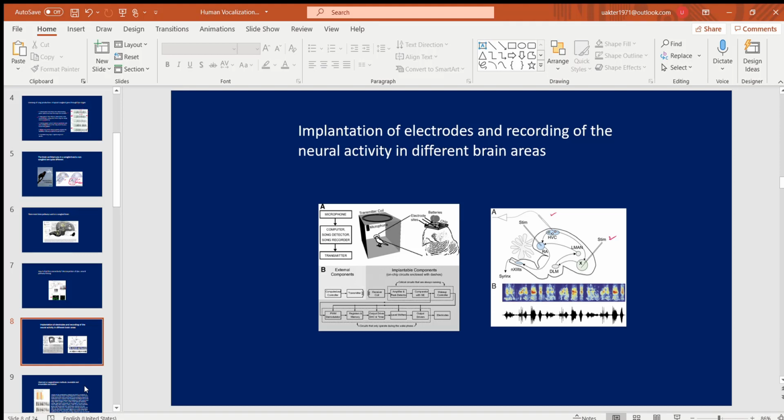Okay, we know that when the female bird listens to the song of a male bird, certain areas' neurons start to fire, get activated. So that is another way to understand which areas are being activated in female birds by the male song.